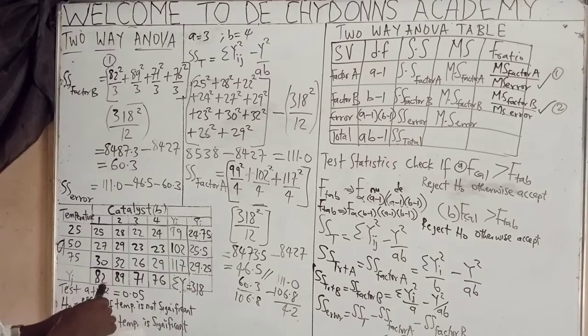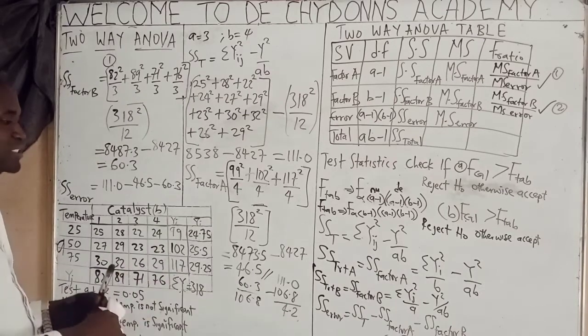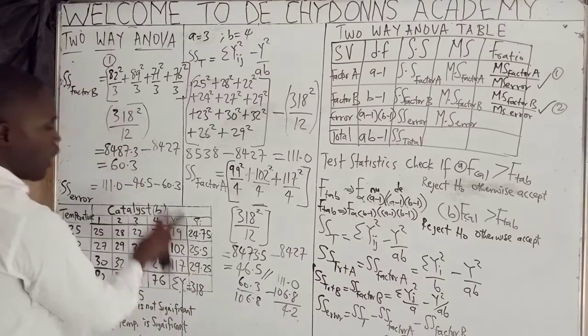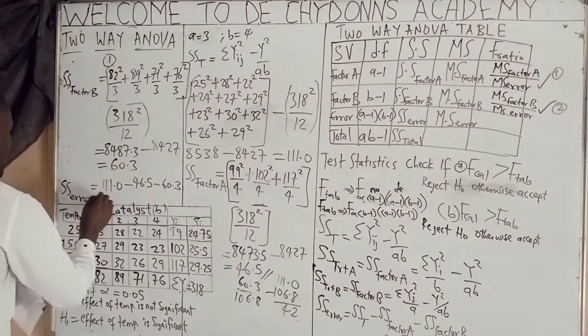Yes, 4.2. So you have to do the arithmetic very correctly so that you will not make mistakes. Now, we have to compute everything we have. This is equal to 4.2.